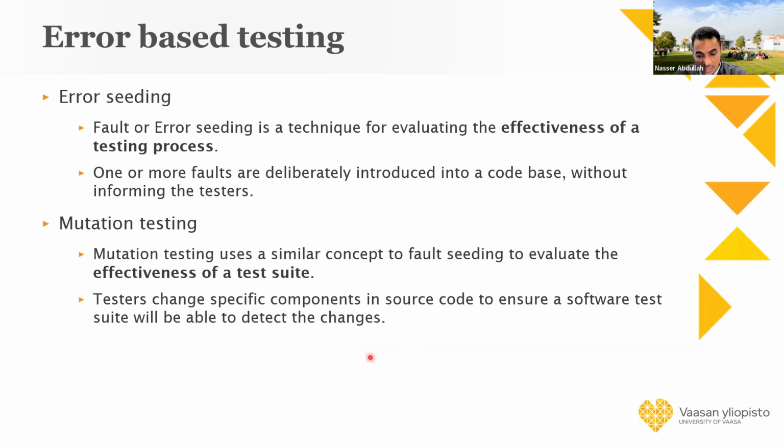For example, you have methods to calculate many things, and then we clone these methods, or we create many versions of them, and each version has a problem, or we can say a change, something small. We make a small change in that code. So now we have the original code, and we have other versions of that code, and each one has a small change. And this change we call a seed, or a mutation.